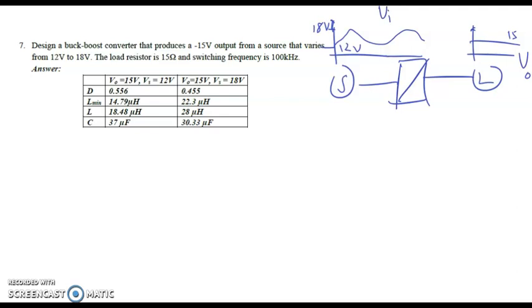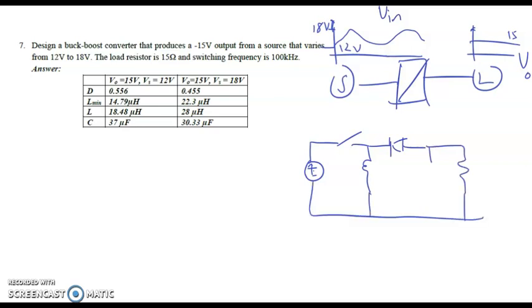So what do we need to do? Input is at this, output is regulated. So what we want to set is the duty cycle range, and the inductor and capacitor values. So we draw the circuit of the buck boost converter, and we put all the available data into the circuit, such as the input voltage from 12 to 18 volt, the expected output voltage regulated at 15 volt, the value of our load resistor, which is 15 ohm as well, and our switching frequency of 100 kilohertz.